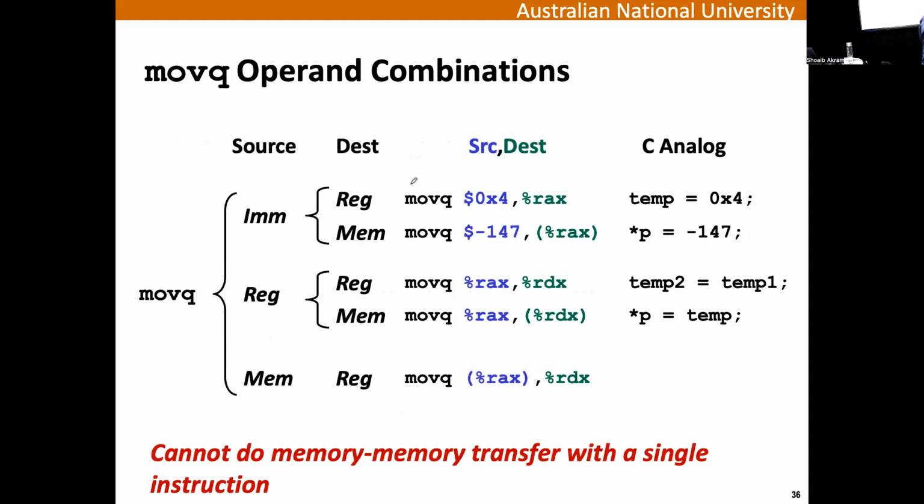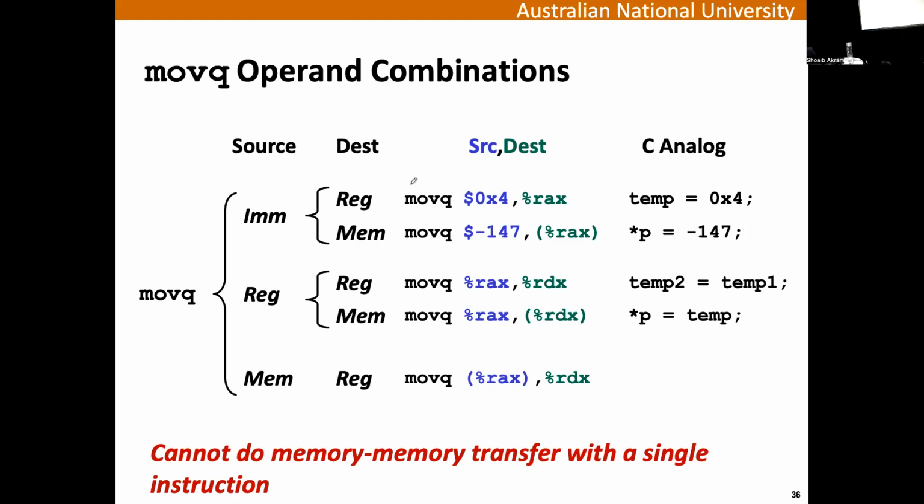Register, memory, that's an addressing mode. So an addressing mode tells us that we can insert the parentheses and have a memory address. We can treat the operand as a memory address. When we don't have the parentheses, we can treat it as a register.